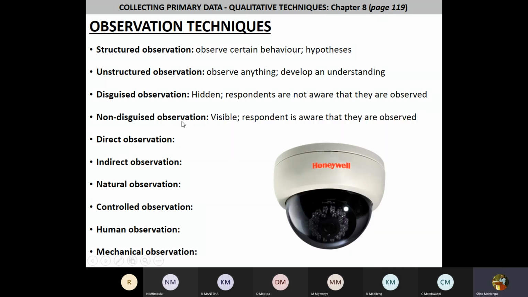The opposite of that is non-disguised observation, which is visible. Respondents are aware that they are being observed. We can write the signs there, or we can show the cameras, or we can indicate that you are being observed.